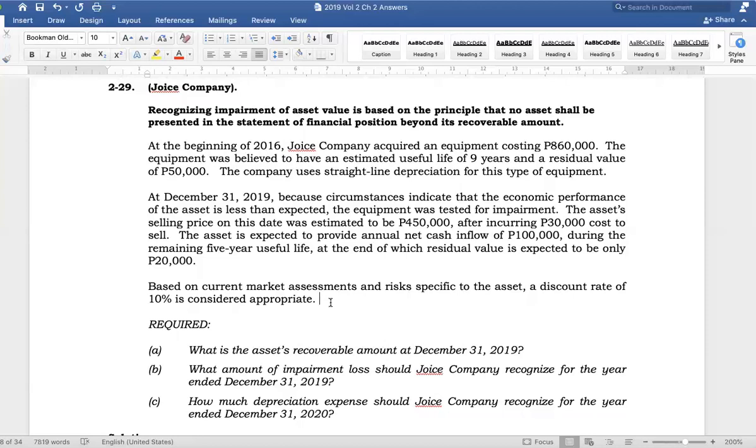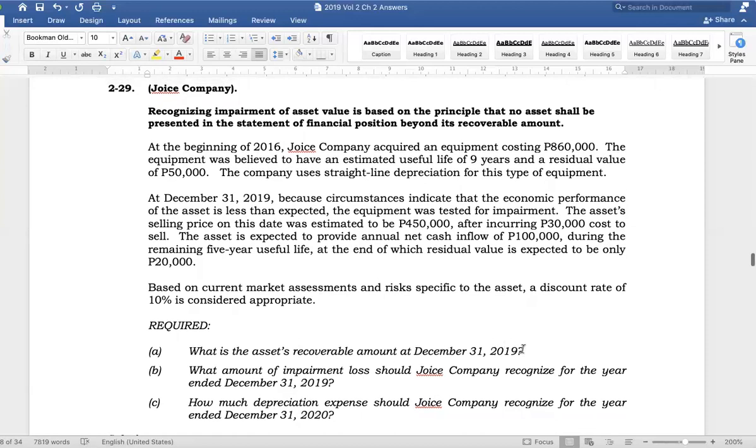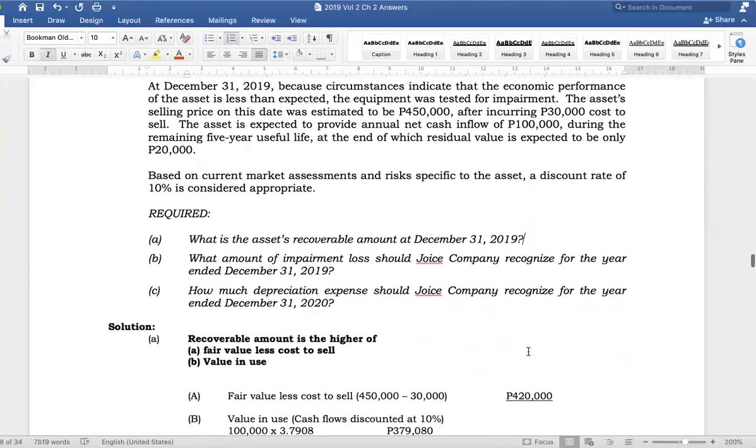Please refer to page 118 to 119 of your textbook to read and identify the indicators of impairment. So there are external sources of information and internal sources of information.